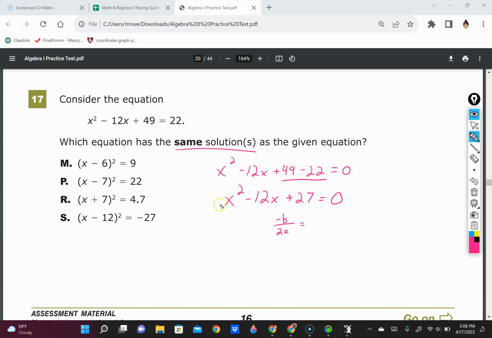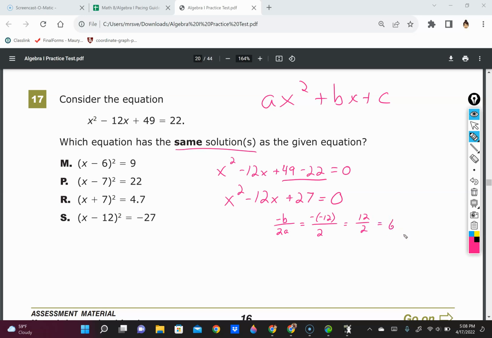So this is a. If you think about ax squared plus bx plus c, this is where I'm getting the formula. So that's going to be negative b over 2a. So that gives me a positive 12 over 2, which gives me 6.